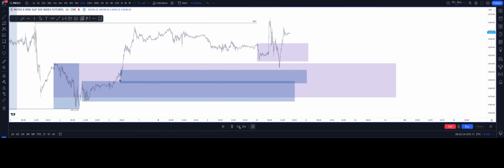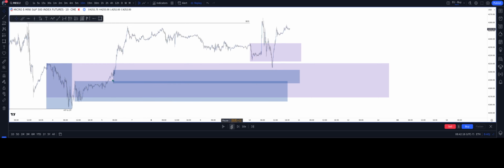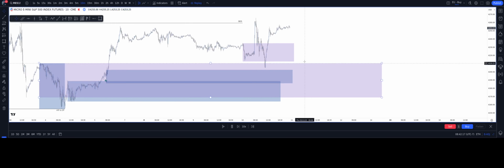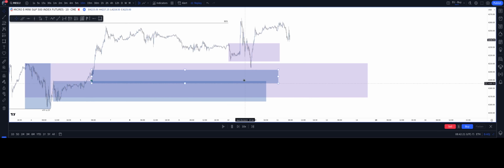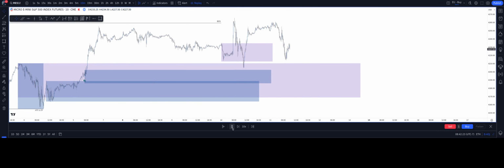Either way, it should tap one of these. If it doesn't, that's okay. Let's see what happens. I'm pretty sure we get a secondary touch. I think we observed it on a higher time frame.